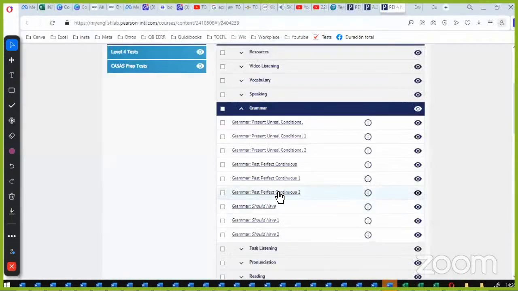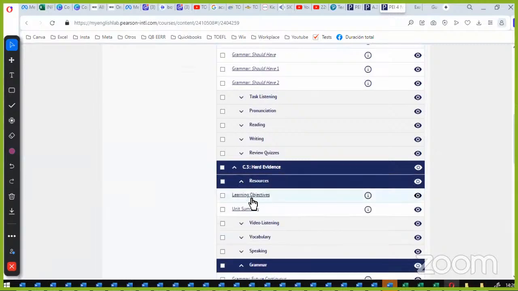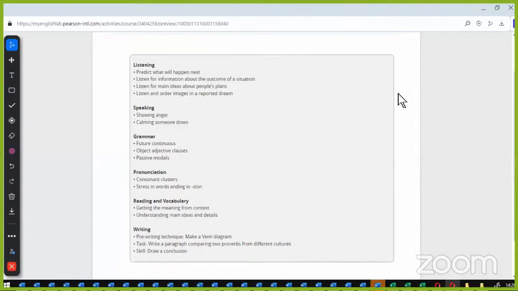Okay, so let's continue here. Let's read this. Listen in, predict what will happen next. Listen for information about the outcome of a situation. Listen for main ideas about people's plans. Listen and order images in a reported dream.